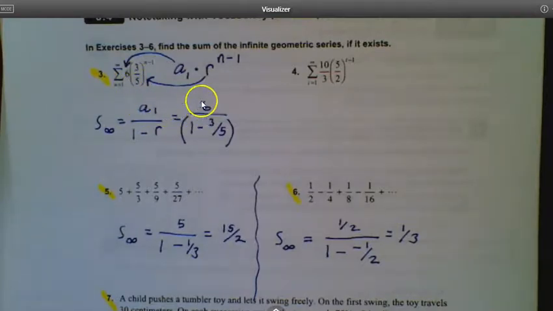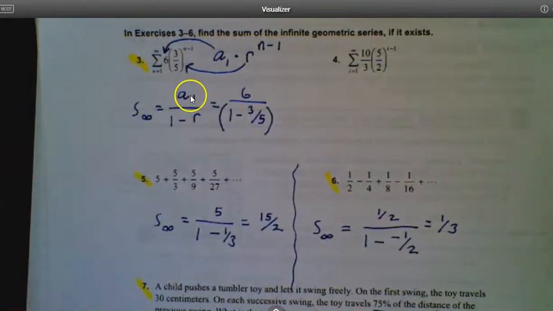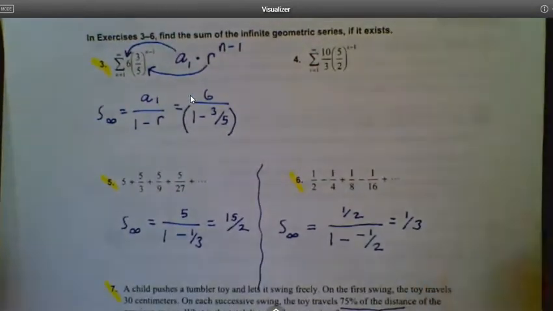You got it. So 6 goes in for the first term. What's our common ratio? 3 over 5. Okay, so here's the question you have to ask yourself. Remember what we said on the last page, the common ratio has to be a number between -1 and +1. So Ty, is 3/5 between -1 and +1?